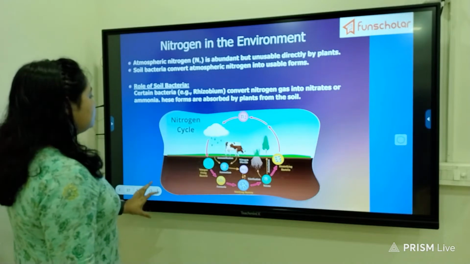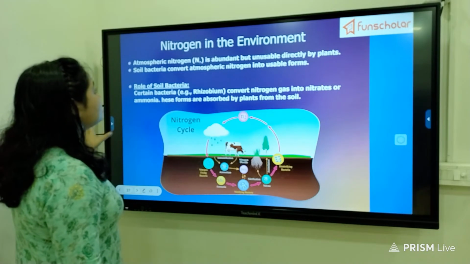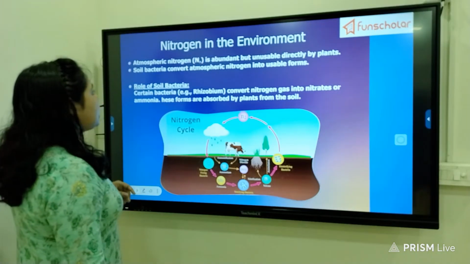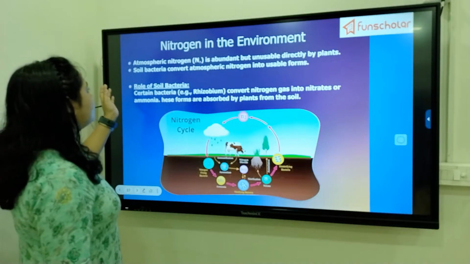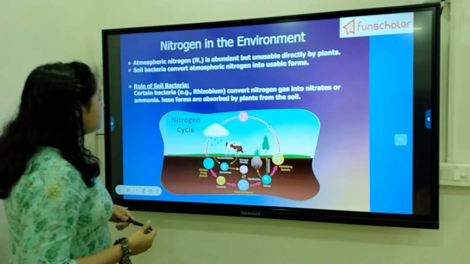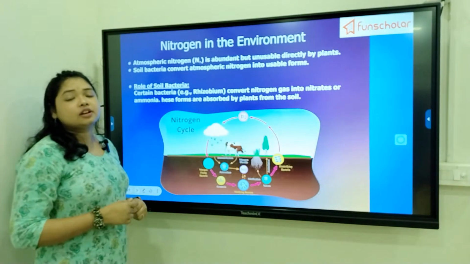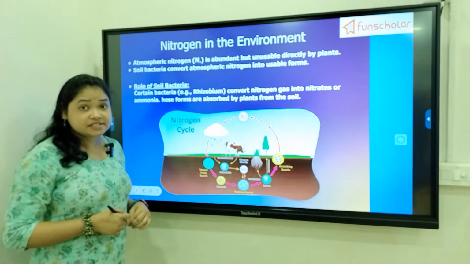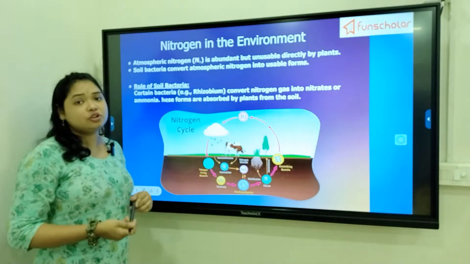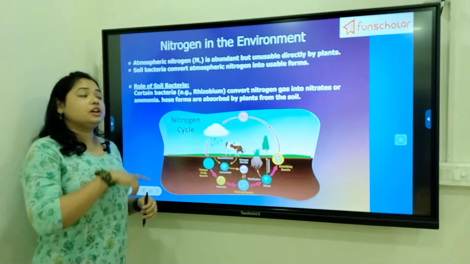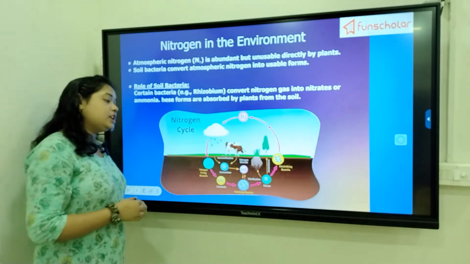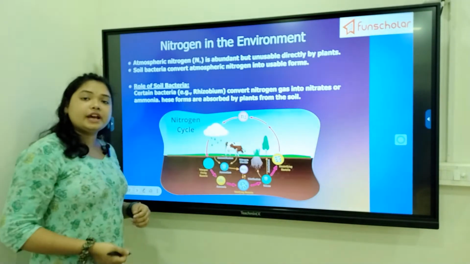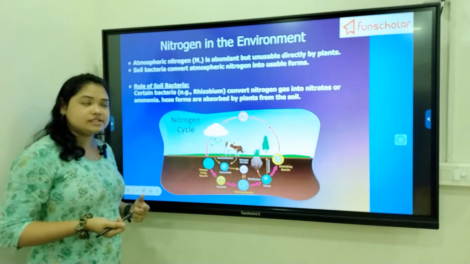Now, here it is given what the sources of getting nitrogen in the soil are. The atmospheric nitrogen cannot be directly utilized. In the atmosphere, the concentration of nitrogen is highest, almost 78%, but still this nitrogen cannot be utilized because the plants need nitrogen in the soluble form so that they can absorb it along with water and utilize it.